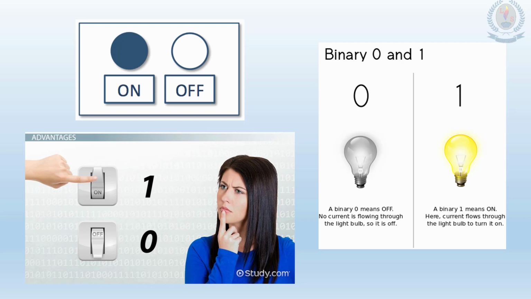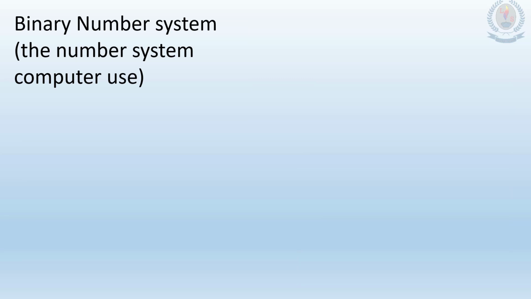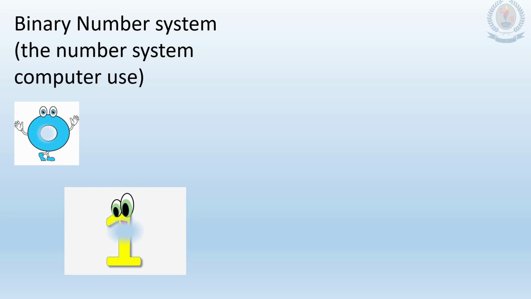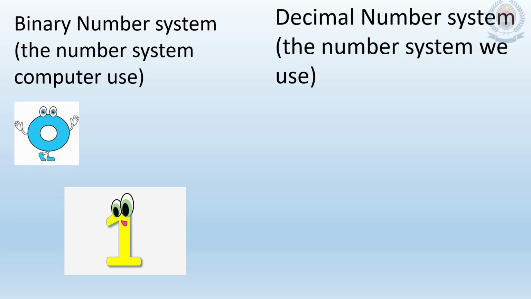If it is 0, the light will switch off. The binary number system, which the computer will understand, has only two options, 0 and 1.